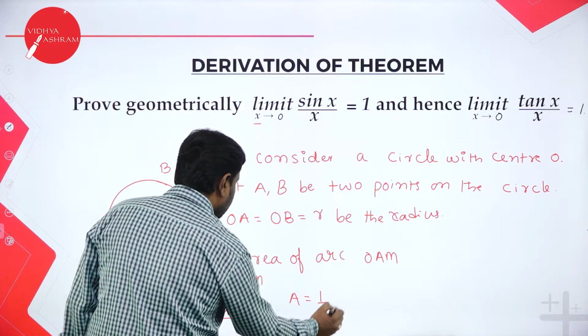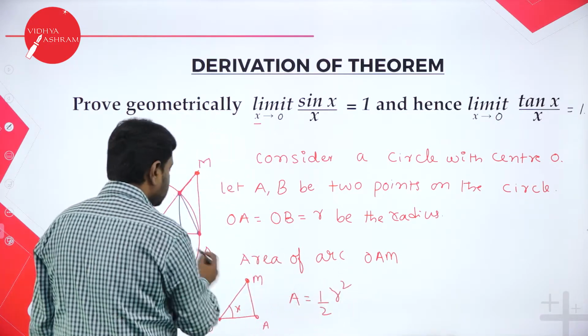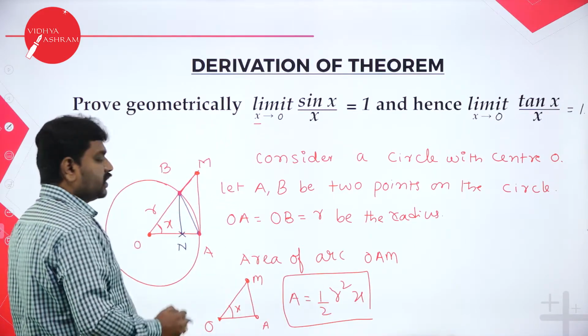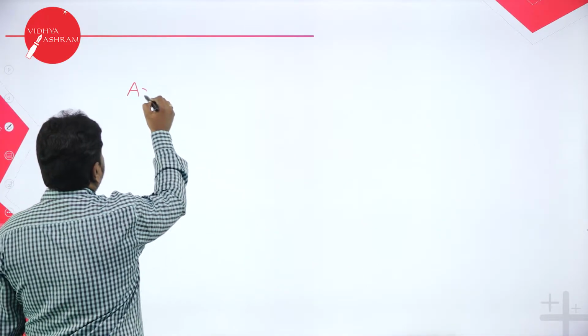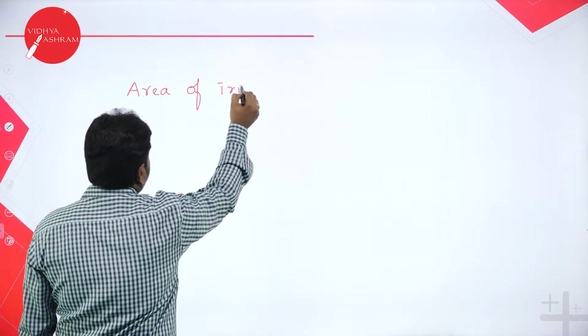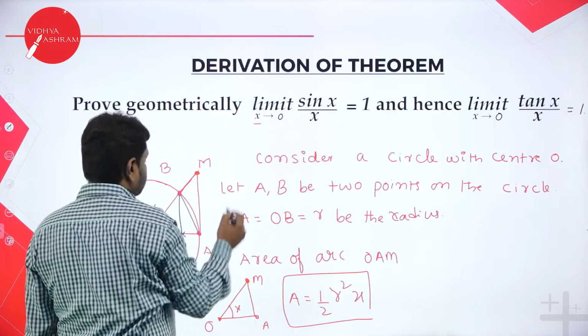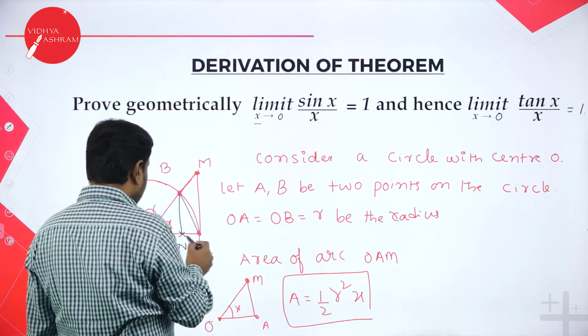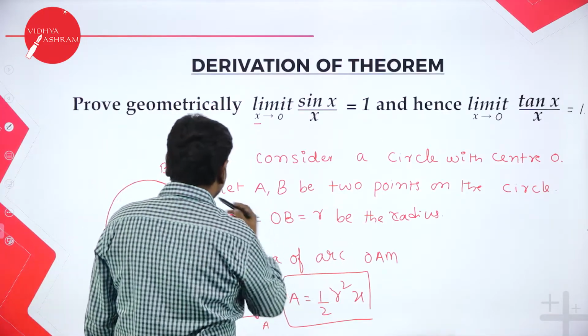Half R square theta. Theta means x. Half R square x. This is the area of the arc. Then you should go for area of smaller triangle, that is OAB. So here I took arc OAB, sorry, this is OAB, not M.